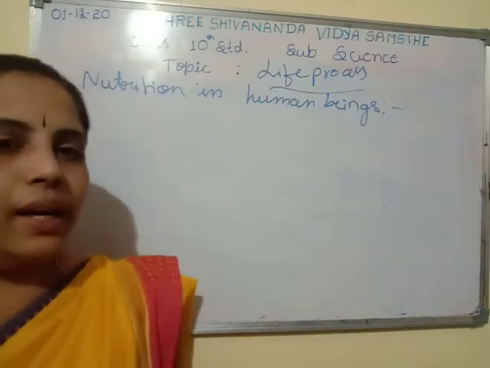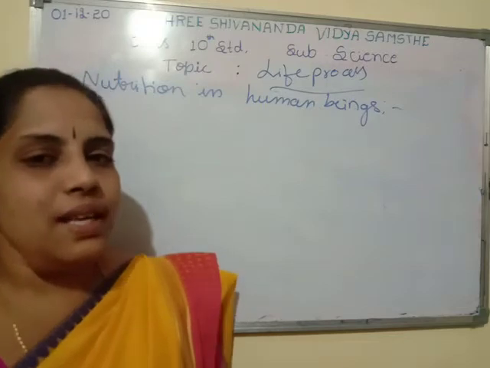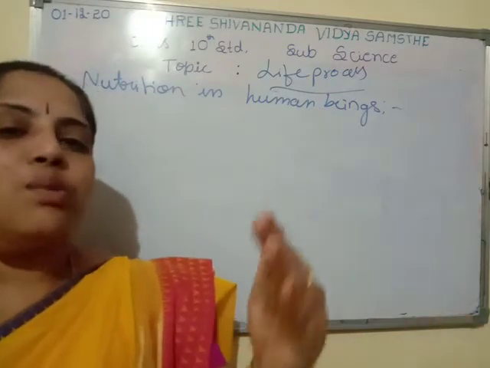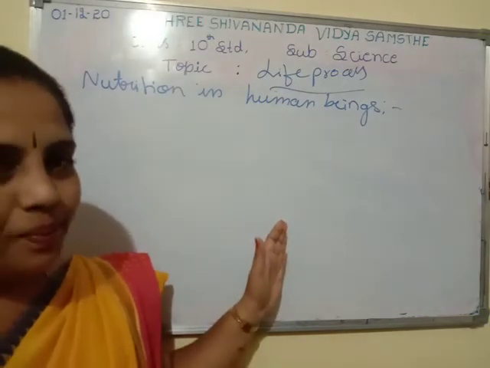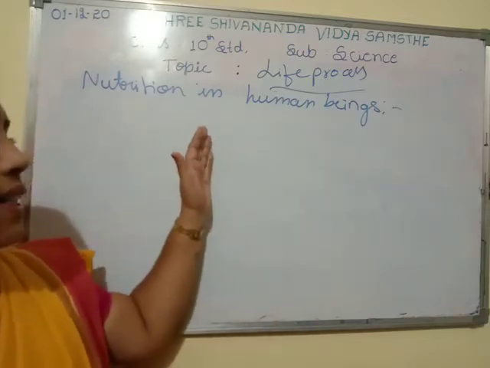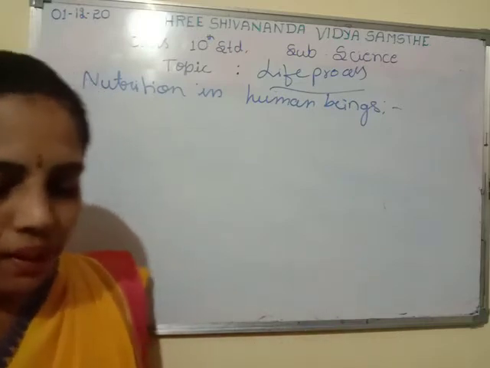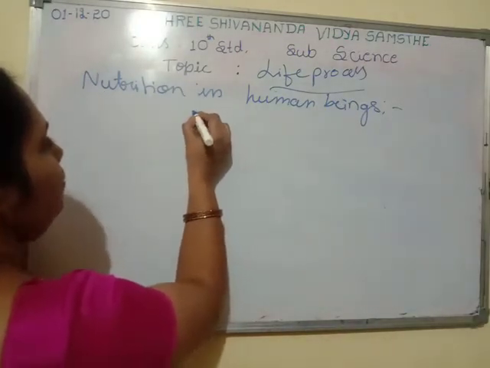This is digestion. So what is meant by digestion? It is the breaking up of larger food molecules into smaller food molecules. This digestion process takes place in the digestive tract or alimentary canal in human beings. Let us draw the diagram now.